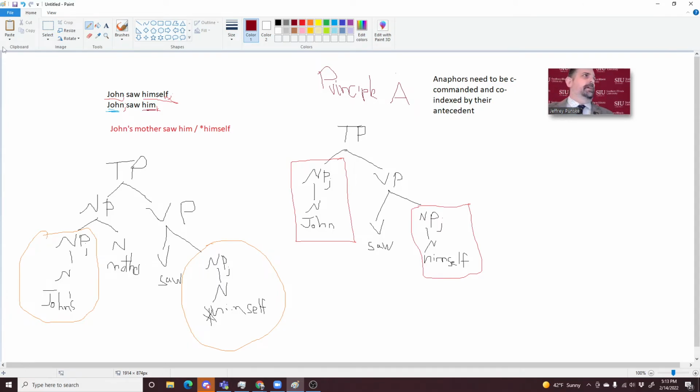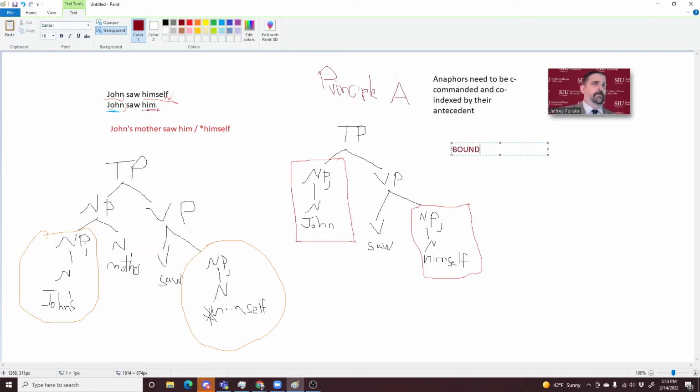Bound. And this language is simply to be bound is to be both C-commanded and to be co-indexed. So principle A says an anaphor must be bound. We're going to do a slight revision of this in our next video. We're going to provide a little bit more nuance to this, and then of course later in the term we'll tackle this again.